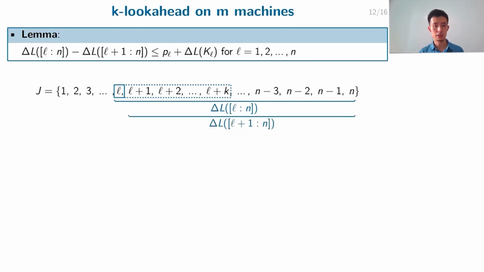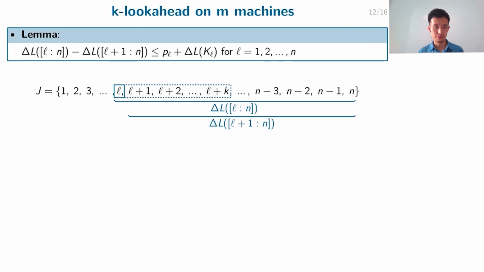The difference between these two terms means the maximum mixed span created by job L. So the lemma says that the mixed span created by job L is no larger than a certain value, and the value is the minimum processing time of job L plus delta L of k.